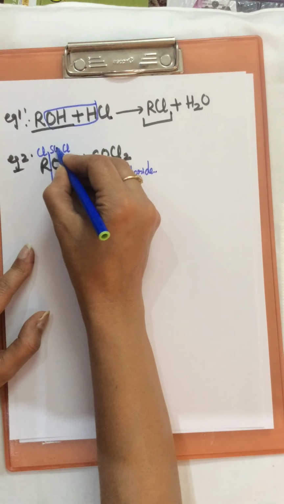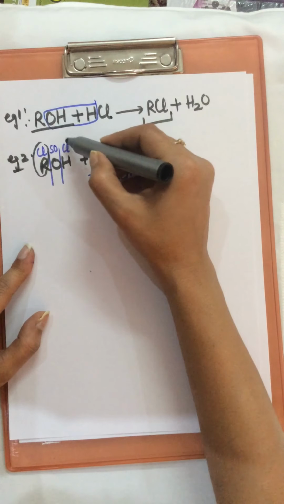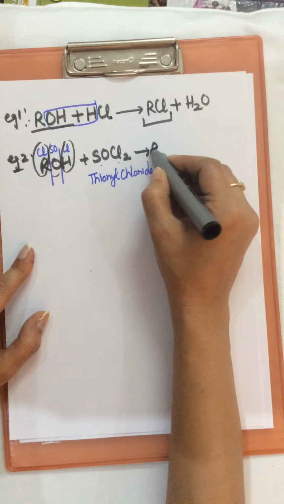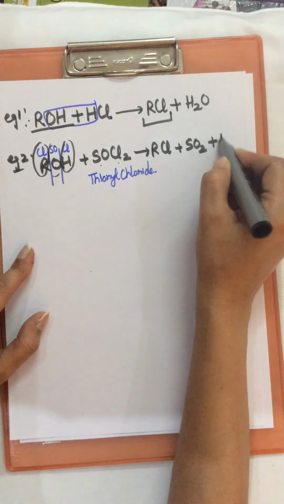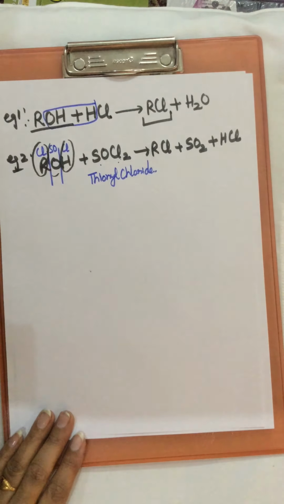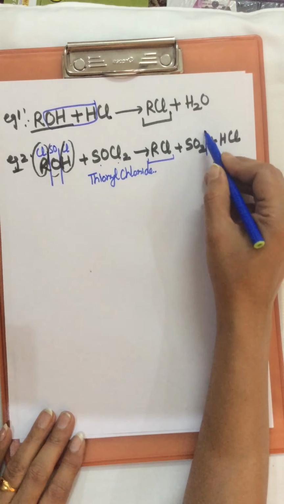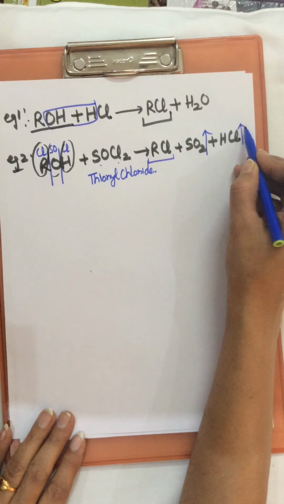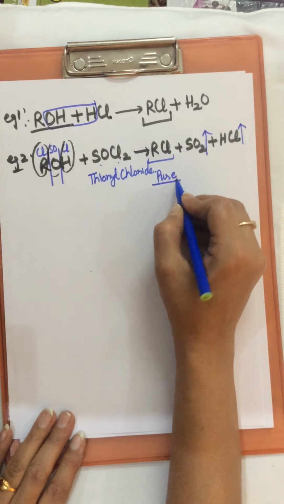SO I'm putting up here. See the products now. It's RCl, HCl and SO2. So we are getting chloroalkane here in this case. Chloroalkanes are formed and these two are escapable gases here. So we get a pure haloalkane here.